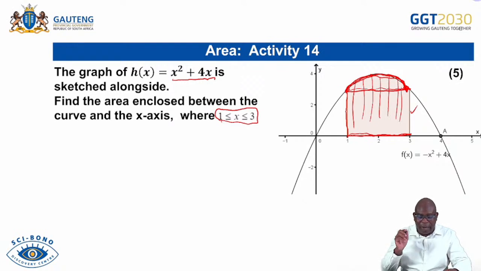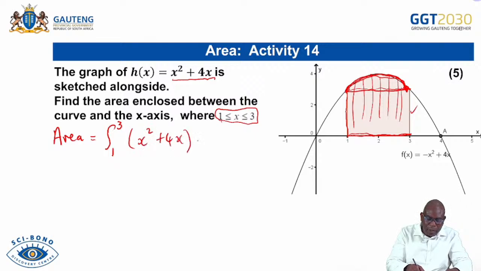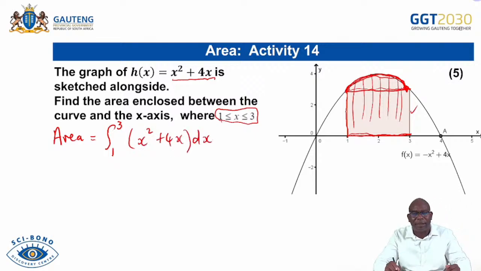Right. The graph of H is given by that. So what am I going to do? I'm going to write down what the area is. So the area of this figure will be the integral with boundaries 3 and 1, upper limit and lower limit, of the function x squared plus 4x dx.